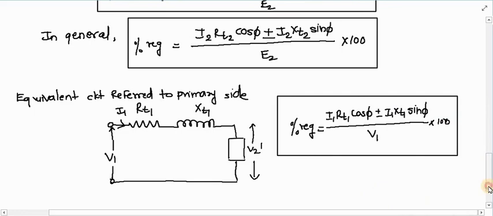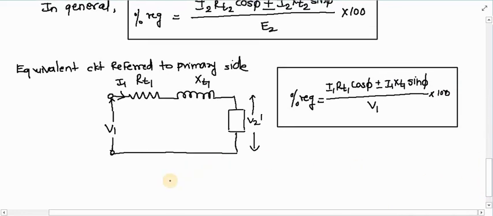Now students, normally the resistance and reactance drops are held at normal current and the rated frequency. These drops are sometimes expressed as a percent of rated voltage for the transformer.